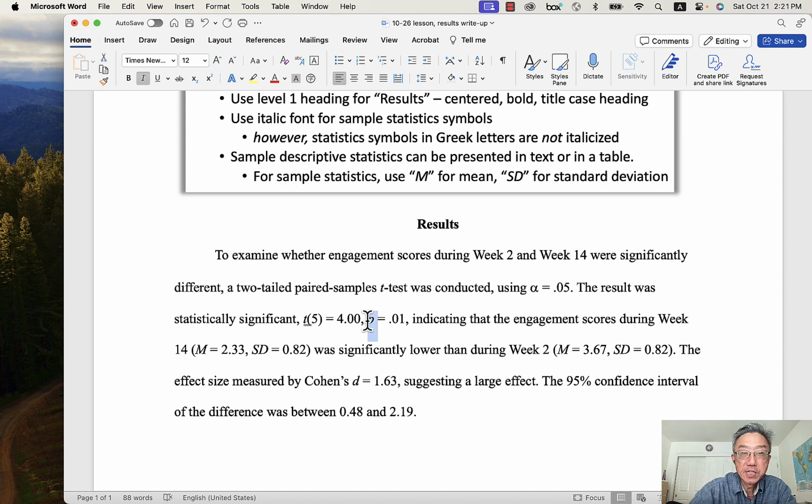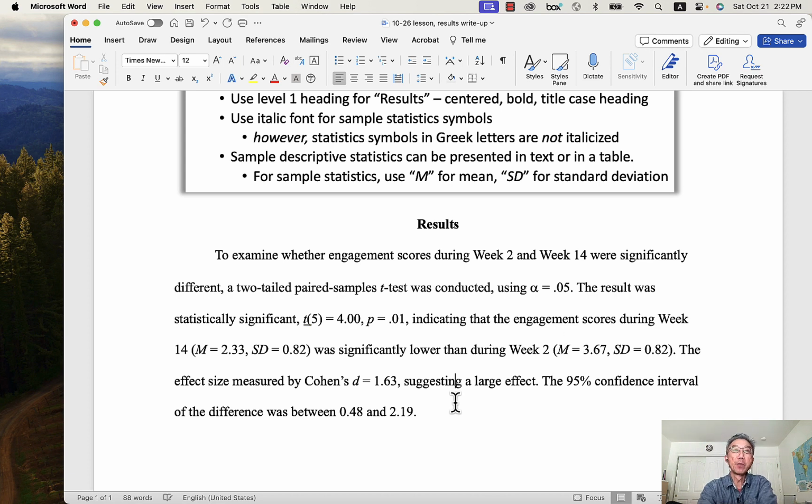The maximum p value is 1.00, so we don't say 0.01, it's just .01. But standard deviation can be greater than 1, therefore 0.82 keeps the zero. Okay, and we always leave a space before and after the equal sign.